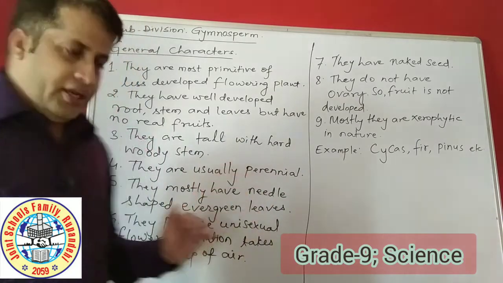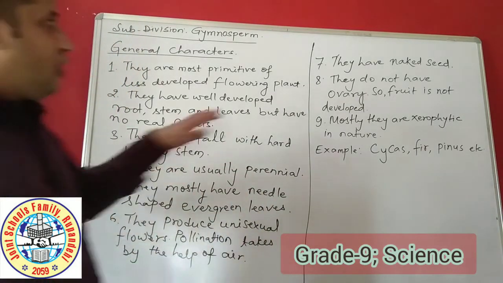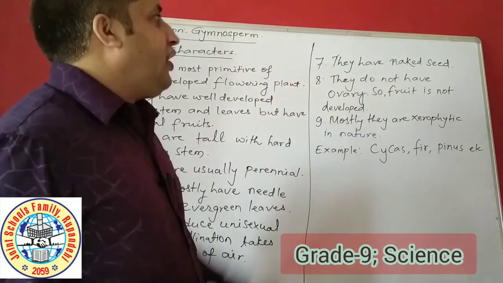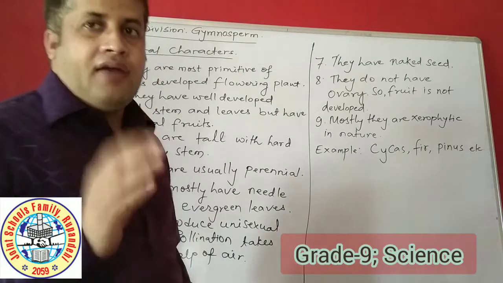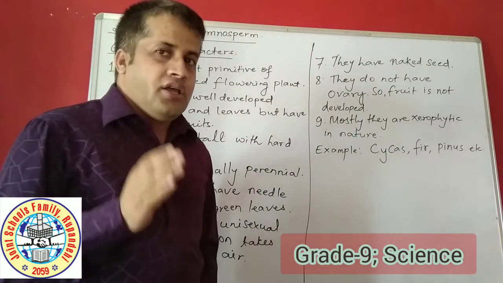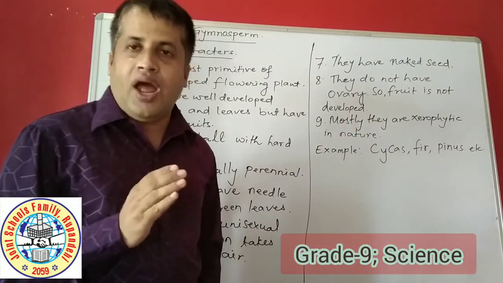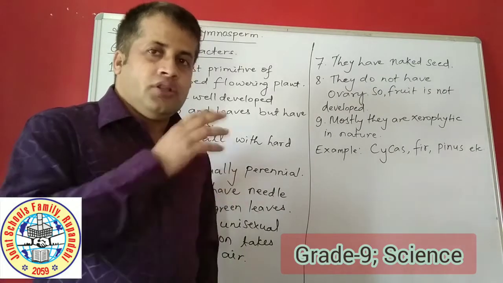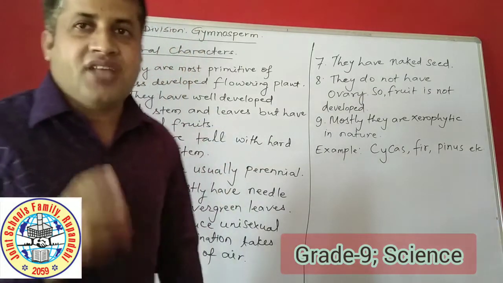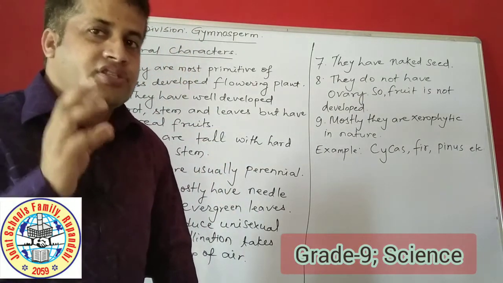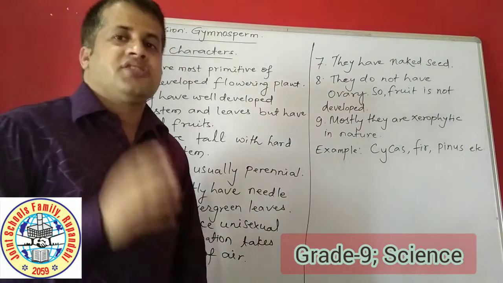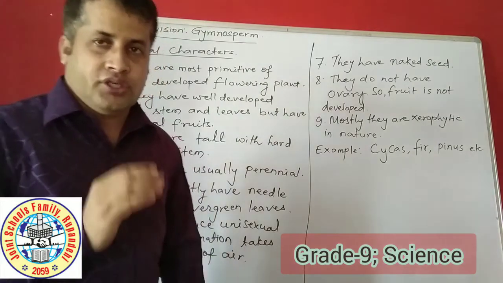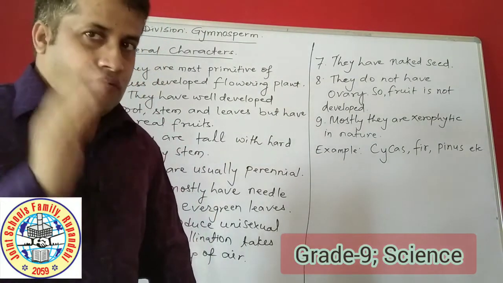Another characteristic is that they have naked seeds. This is the special feature of the plants that belong to this subdivision. They have seeds, but the seeds are not enclosed inside the fruit.